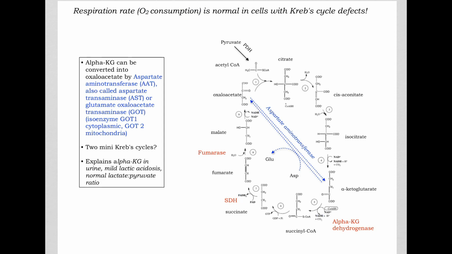One explanation for this normal respiration rate or oxygen consumption in these cases is the involvement of the enzyme aspartate aminotransferase, AAT, which is also called aspartate transaminase, AST, or glutamate oxaloacetate transaminase, GOT, because this enzyme reacts alpha Kg with aspartic acid, and you get oxaloacetate and glutamic acid.